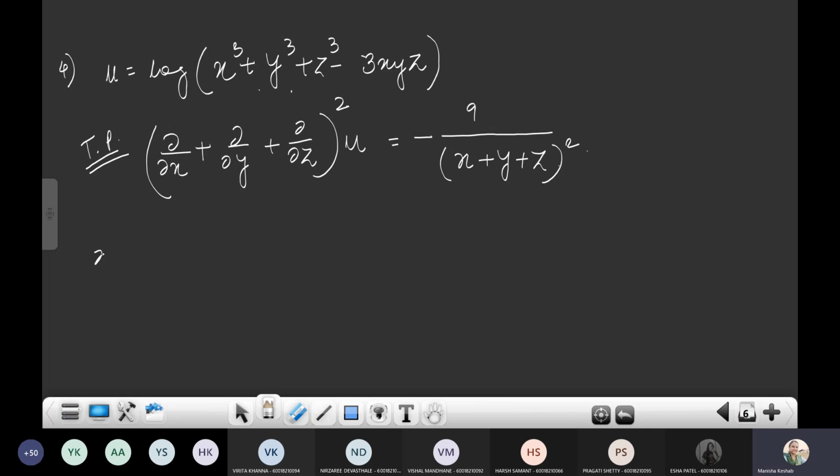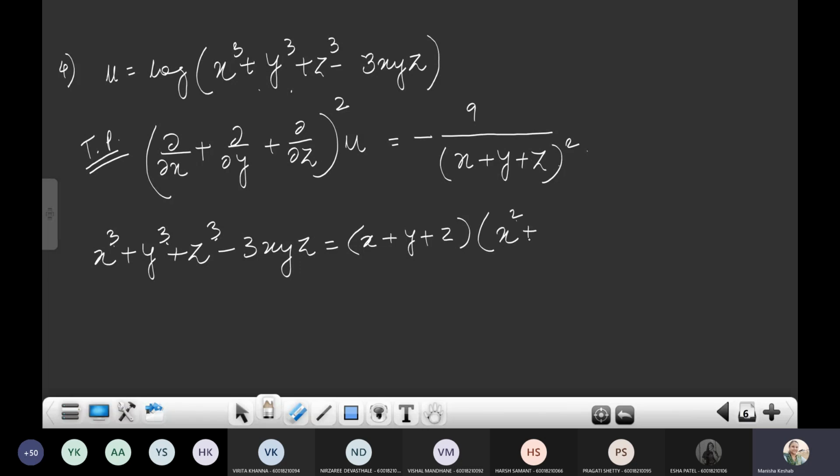I hope you remember. x cube plus y cube plus z cube minus 3xyz. So I think you must have learned all this in school, right? So expansion, factorization basically: x plus y plus z into x square plus y square plus z square minus xy minus yz minus zx.